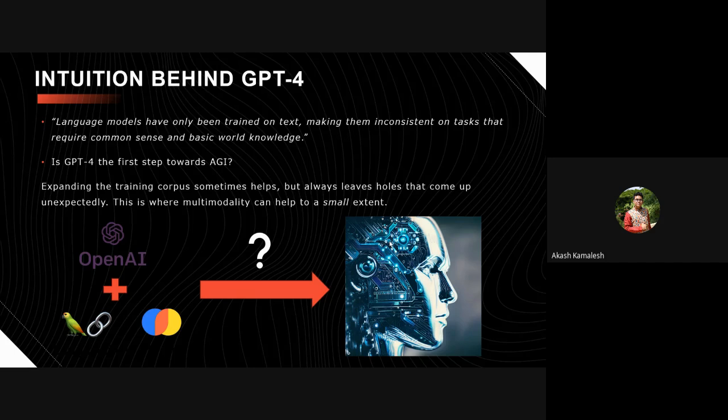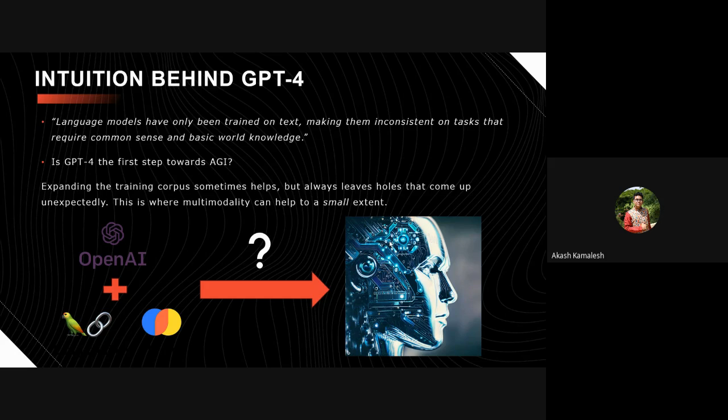Expanding the training corpus will help sometimes, but it leaves holes that can come up unexpectedly. This is where multimodality can help, by adding newer unseen data for the model. It may not have seen certain things just from the textual data that has been provided to it.